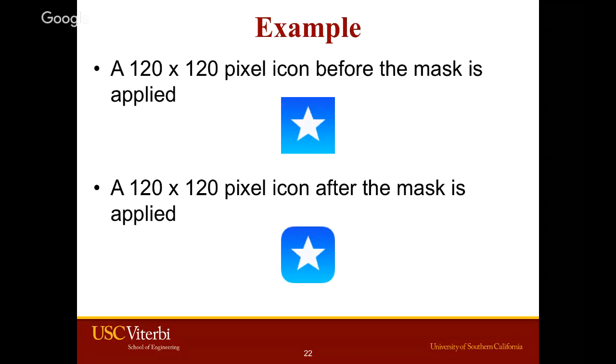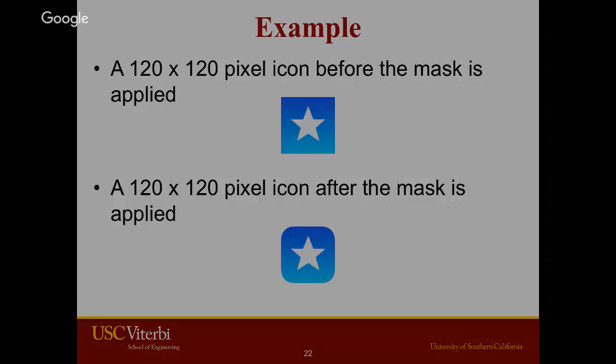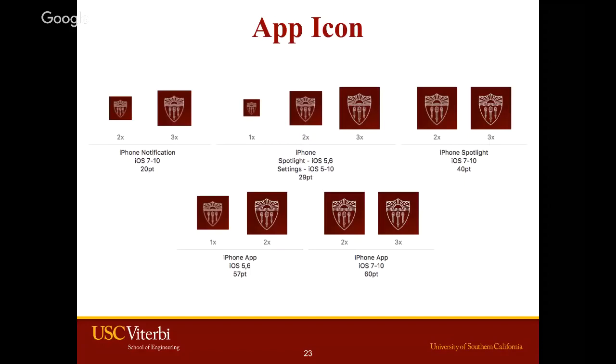You actually need to have different app icons. You have the same design, but you have different sizes. So you want your app icon to show on the iOS notification system. You want a smaller one. For iOS 5 and 6, it's going to be lower quality than an iPhone 7 to 10.